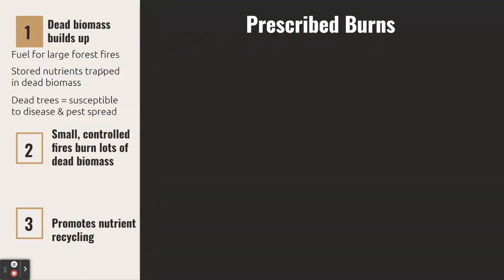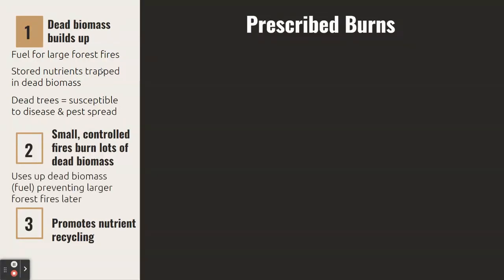Dead trees are also susceptible to disease and pest spread. So when we just let these forests grow without doing some burning here and there, we're really just creating a buildup for a bad situation: a lot of fuel, stored nutrients that are going to reduce productivity, and dead trees that are going to be susceptible to disease and spreading disease.